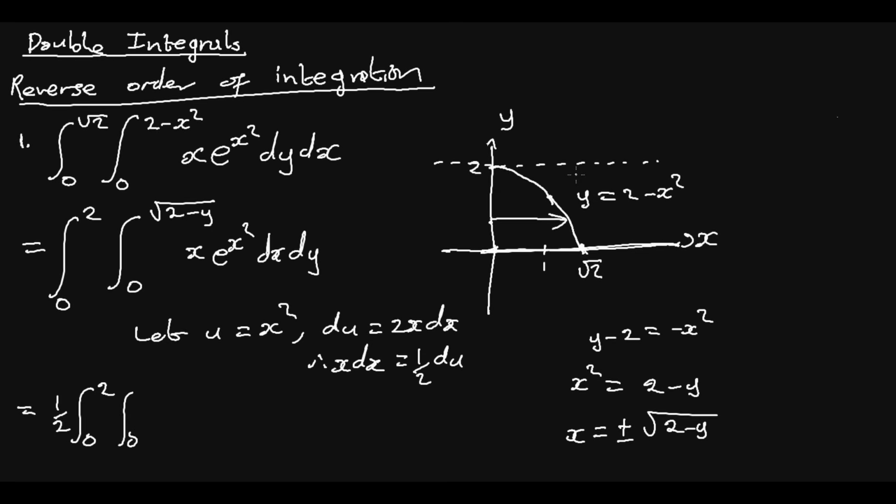Then we're having 0 to square root of 2 minus y, e raised to u, du dy, which we're not doing anything with at the moment.